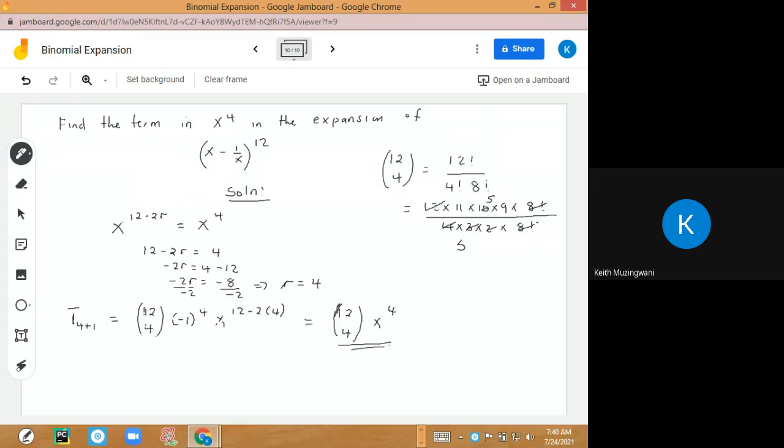So you have now 55 by 9. So you get 45 there. Carry 4, 45. So we'll have 495. So meaning that this term is going to be 495 x power 4.